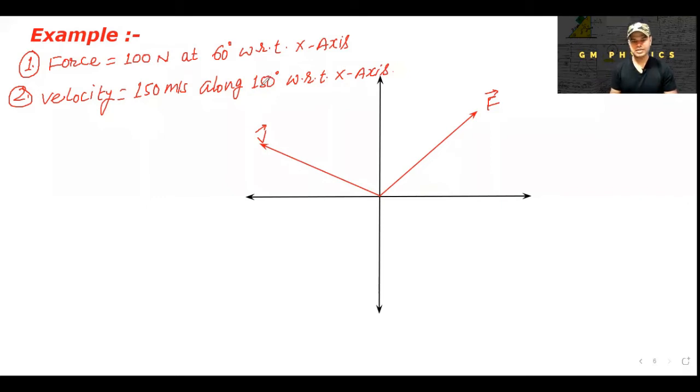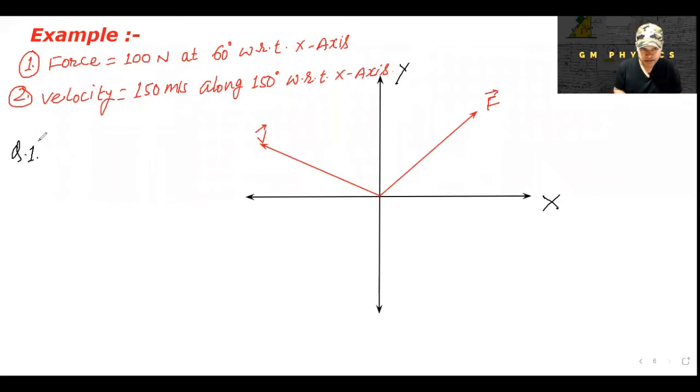So the question is, you have to find the components of these vector quantities in this xy plane. This is x-axis, this is y-axis, and you have to express these vector quantities, that is force vector and velocity vector, in vector form or in a component form or a rectangular coordinate form. Everything is same. So let's start with question number 1.